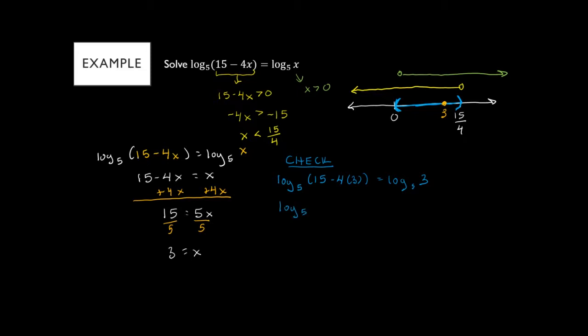So log base 5 of 15 minus 12 equals log base 5 of 3. And then 15 minus 12, we have log base 5 of 3 equals the log base 5 of 3. So just like the previous example, the left side equals the right side, but we need to double check that we can actually find the log base 5 of 3.